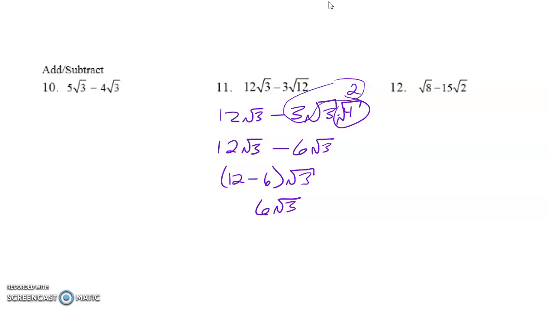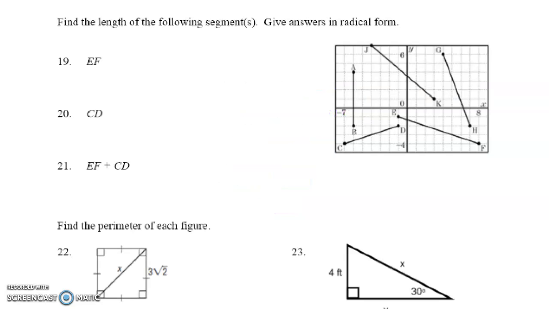Try and simplify your radicals until you can get a common factor that is the remaining radical. And then add or subtract their coefficients, just like we do for combining like terms in algebra with x's and y's.